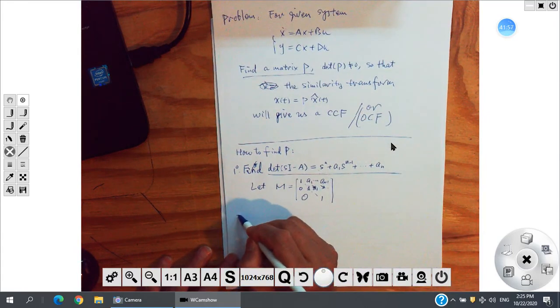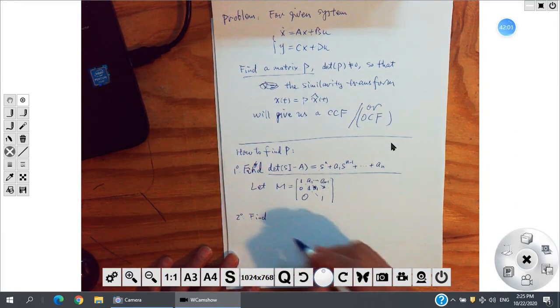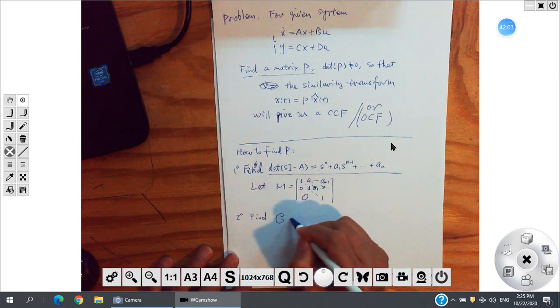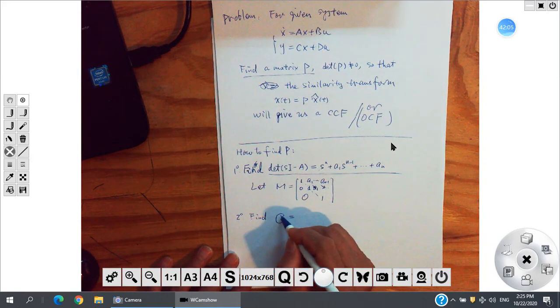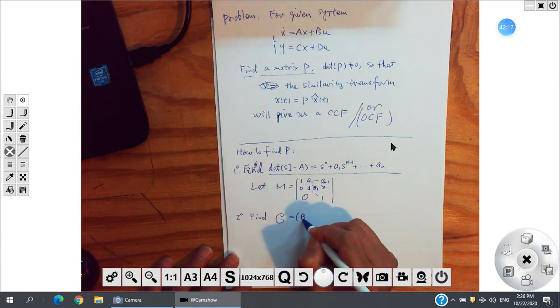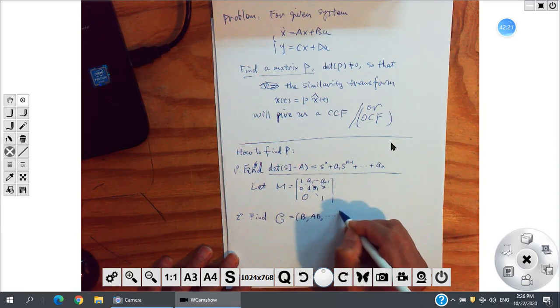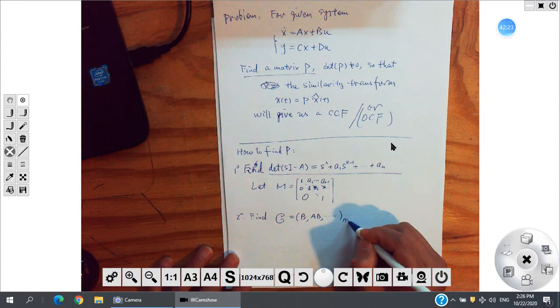And the second one, we need to find the capital C. This capital C equals B, AB, like this, making it an n by n matrix.